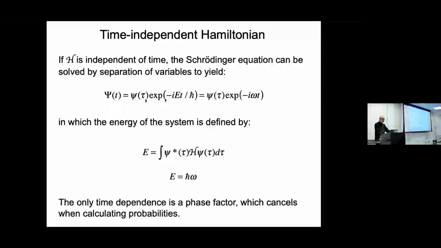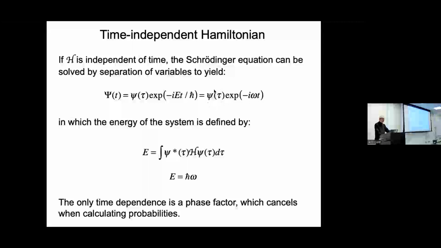And in energy units, the wave function is a function of time, times a wave function that's independent of time, where tau here refers to all the other variables in the system other than time, and then a complex phase factor that depends on the energy divided by h bar, but energy divided by h bar is just a frequency.